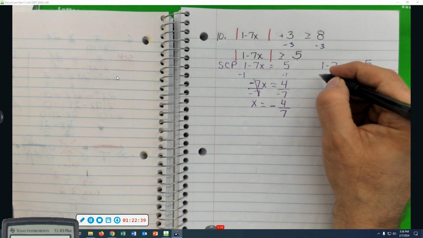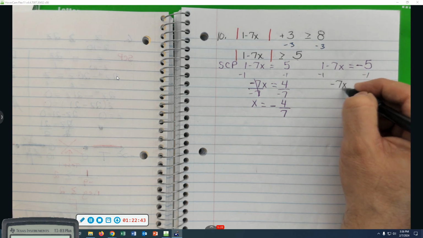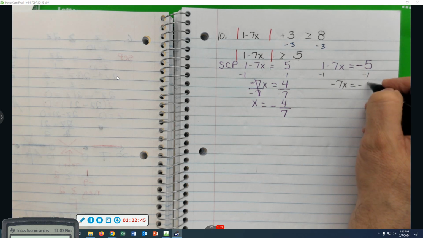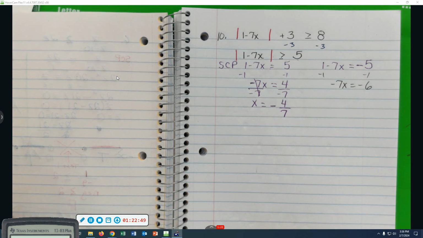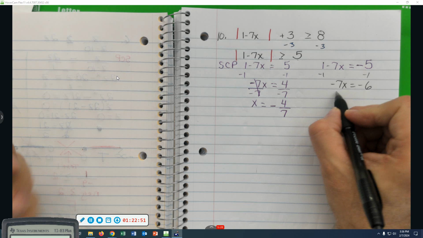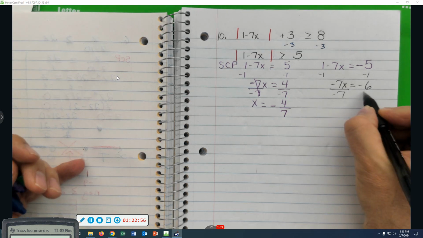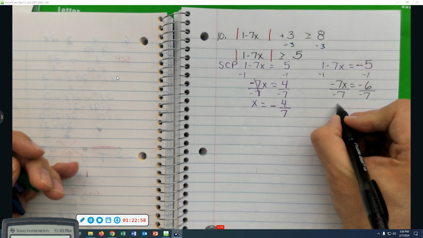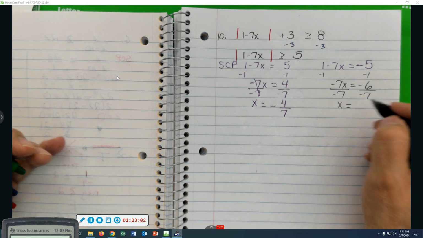We subtract 1. So we have negative 7x equals, is that a negative 6? And then what? Divide by negative 7. So is this one going to be a positive fraction or a negative one? Positive. Yeah, positive.